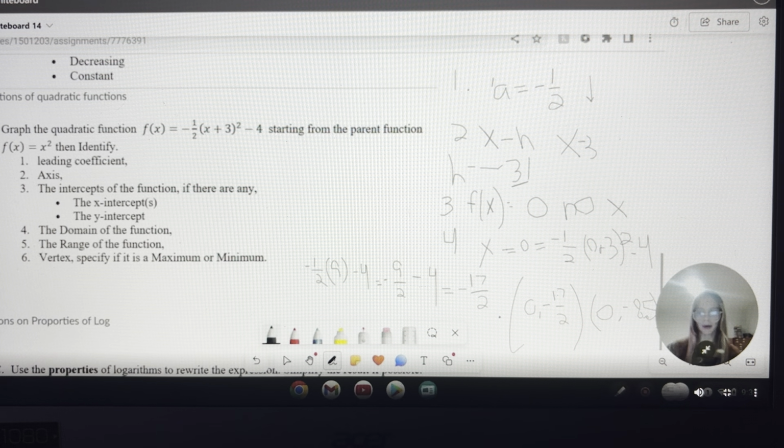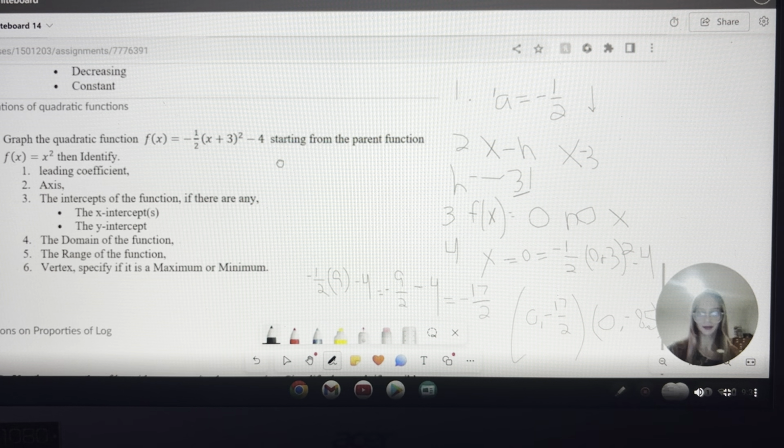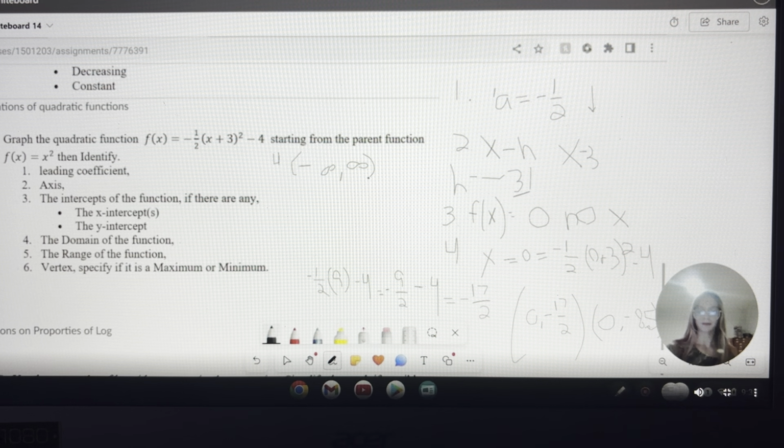Okay, so then next we want to do the domain of the function. So yeah, the domain is just going to be negative infinity, infinity.